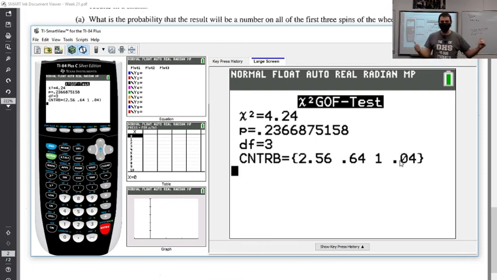When we had our days of the week example, it was based on all the days of the week being equally likely. So then all the expected proportions were the same. When we had the biology example, we based it on the Punnett square. So we used those Punnett square values of 25%, 50%, and 25%. So it'll just depend on the context of that problem.